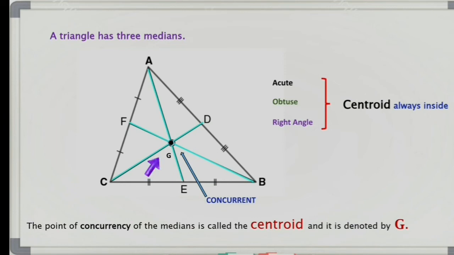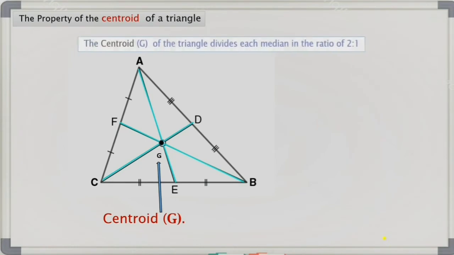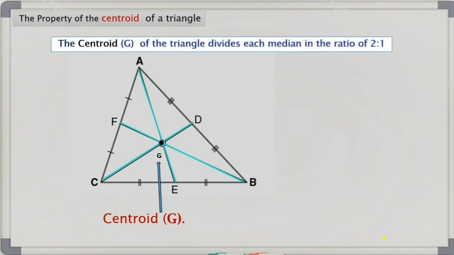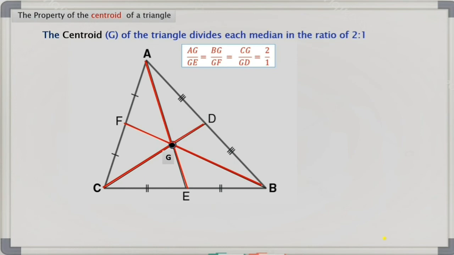Let us understand the property of the centroid of a triangle. The centroid G of the triangle divides each median in the ratio of 2:1. Let us understand this. Median AE is divided into AG and GE. So, the lengths of AG and GE are in the ratio of 2:1. Similarly, the length of BG and the length of GF are in the ratio of 2:1.